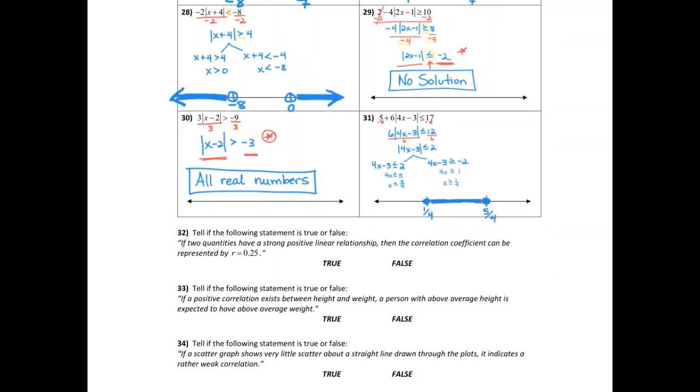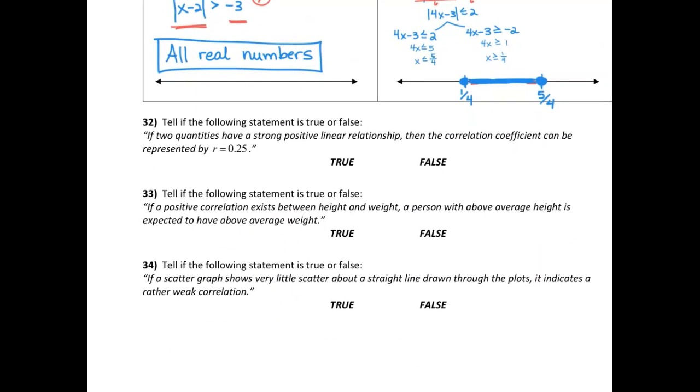So the last few problems we're going to get into talking about correlation and regression, linear regression. So let's start with the first true false. If two quantities have a strong positive linear relationship, that means a strong positive correlation, then the correlation coefficient can be represented by the number r equals 0.25.